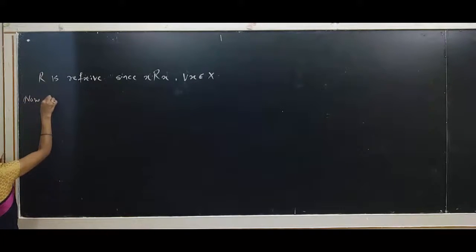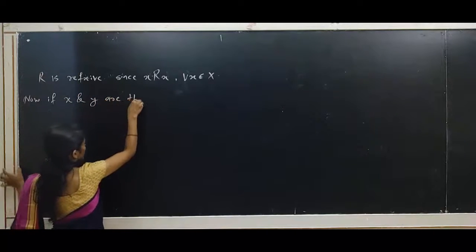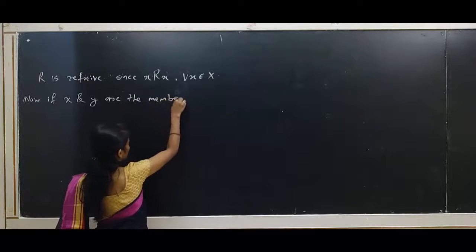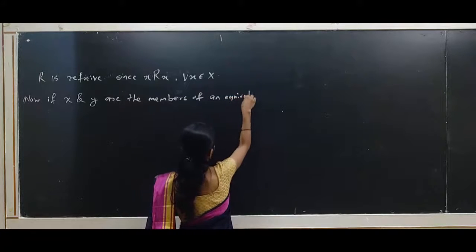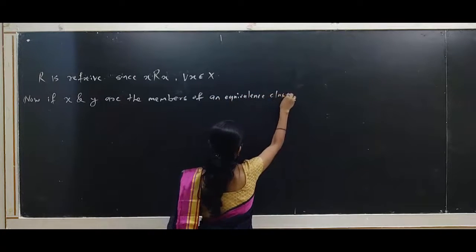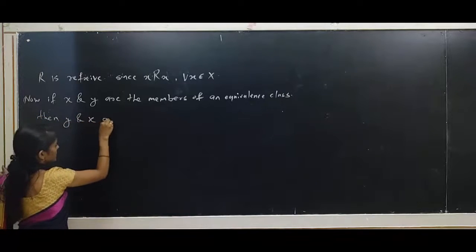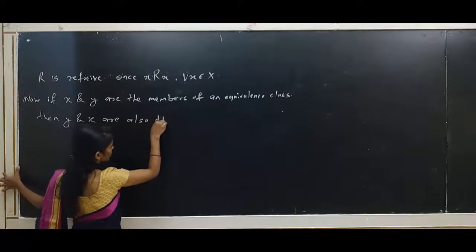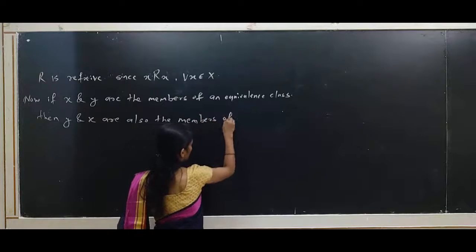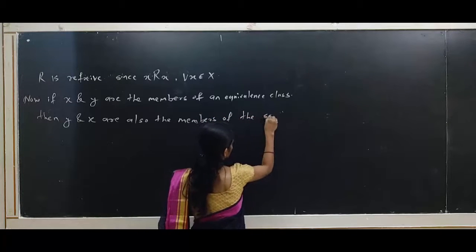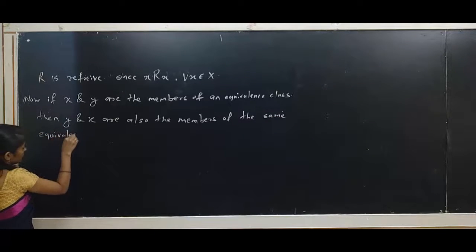So if x and y are the members of an equivalence class, then y and x are also the members of the same equivalence class.